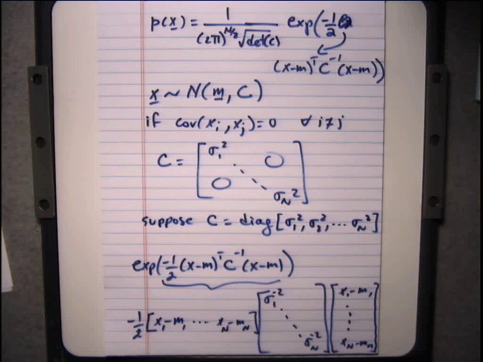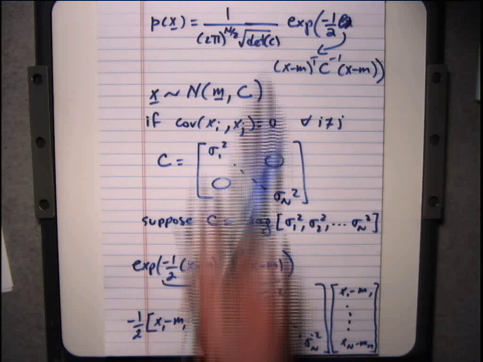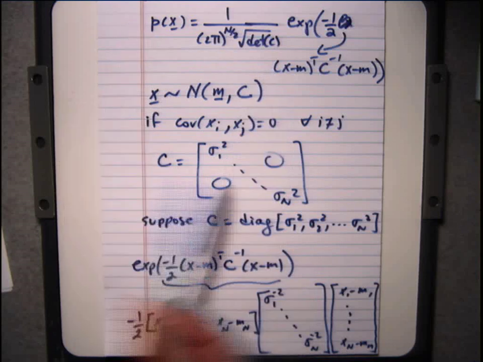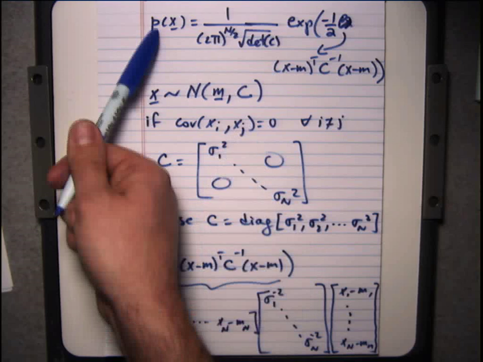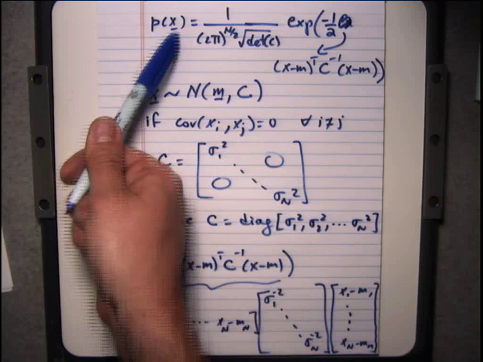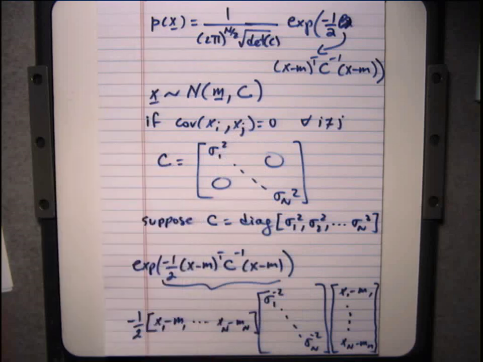Why do you need to multiply them out? Well, what I would like to do is to eventually show you that this probability density function, when C is diagonal, is equal to the product of the PDFs for each of the individual elements of X, and therefore demonstrate that for the Gaussian, independence and uncorrelatedness are the same.